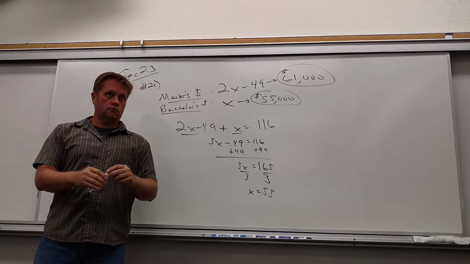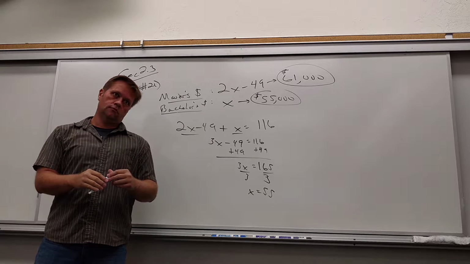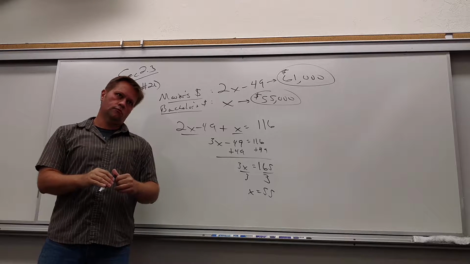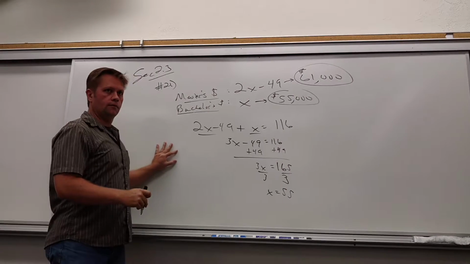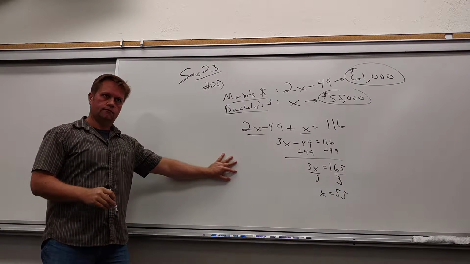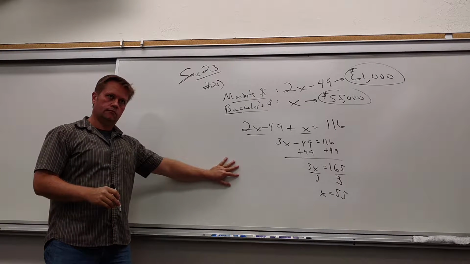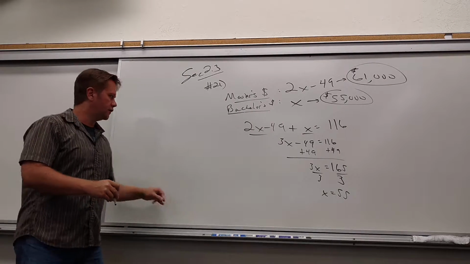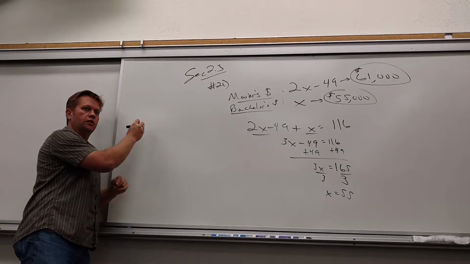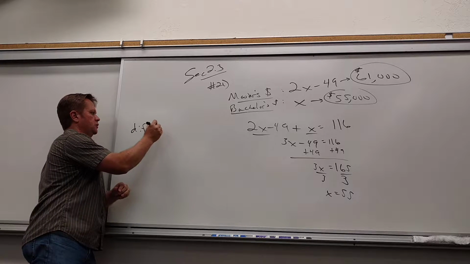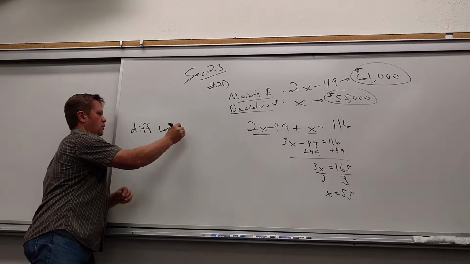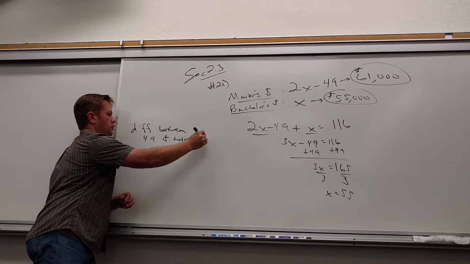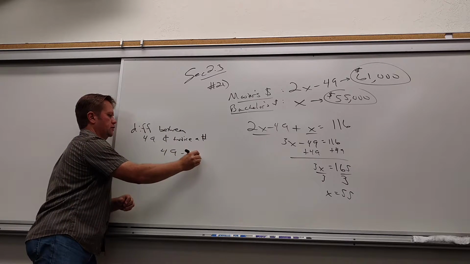It doesn't matter if they change the wording, like less than or fewer than, but the order of operation matters. I mean, sometimes they put like 49, then subtract from 2x. If I said the difference between 49 and twice a number, that is 49 minus 2x.